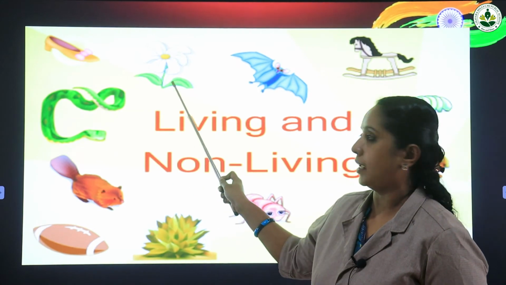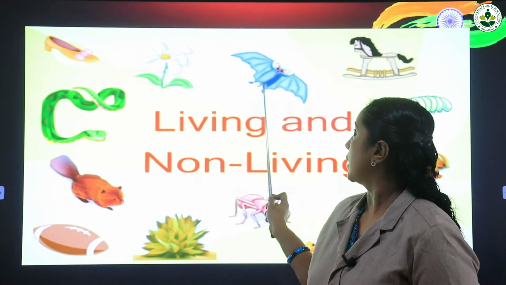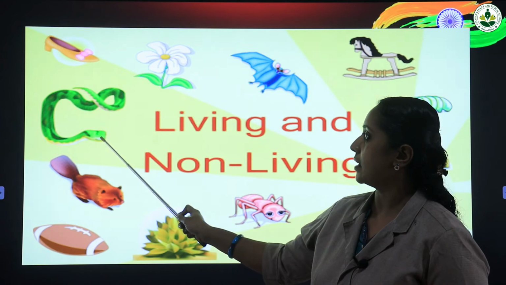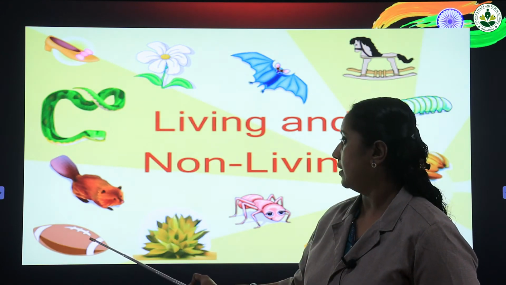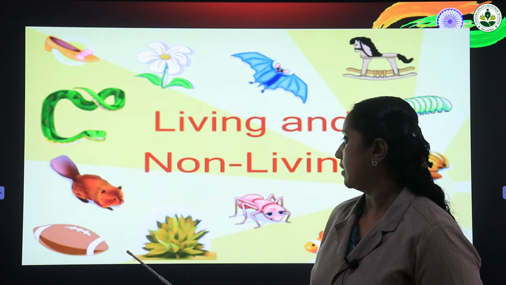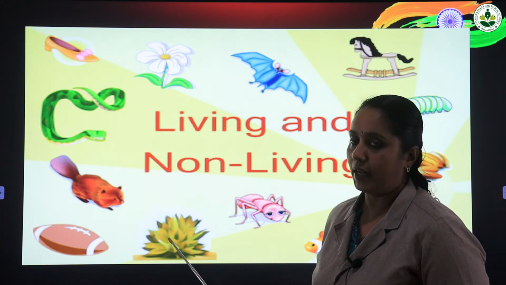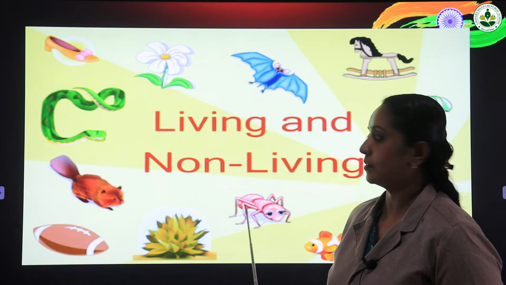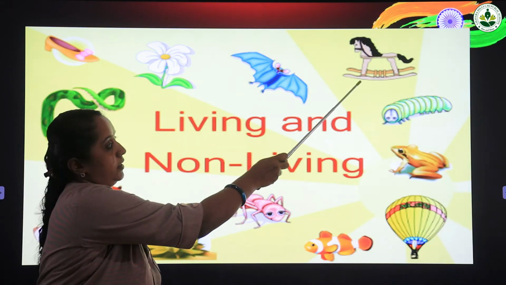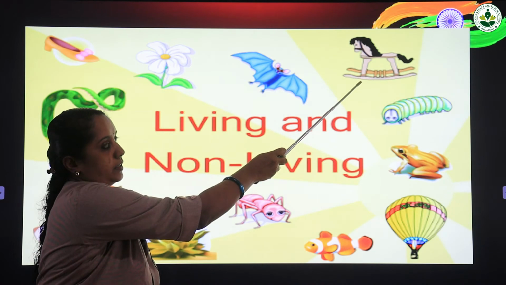Now here you can see a flower. You can see a bat. This is a snake. This is a rat. Here is a piece of chocolate. Here is another flower, and it is a dry flower. Now a cockroach. You can see a toy horse.